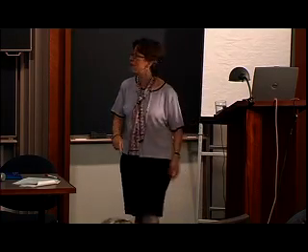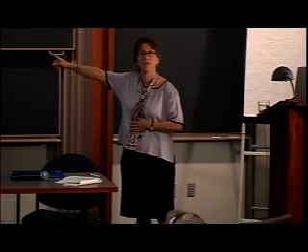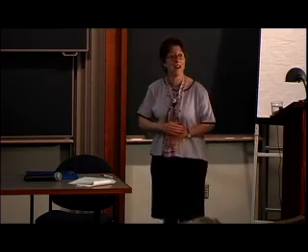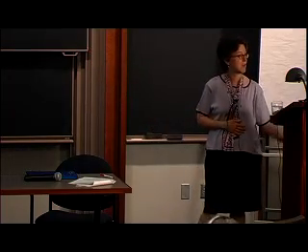But the problem is, all of a sudden, there was this diphtheria epidemic in Russia in 1994 and 1995, where there were more than 50,000 cases, coming down from a handful. Now, what was that all about?